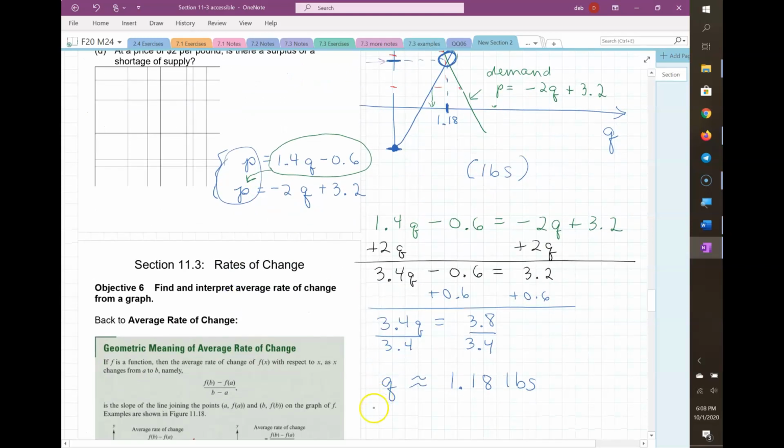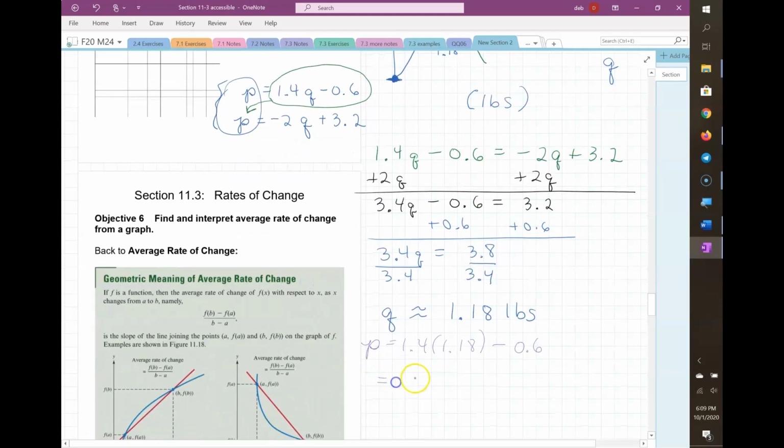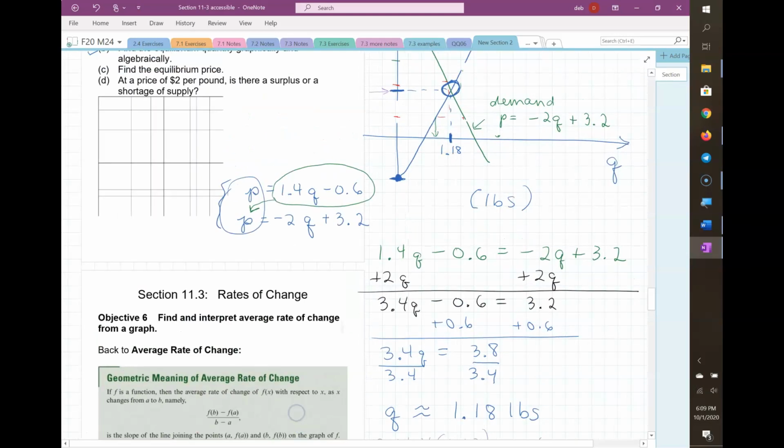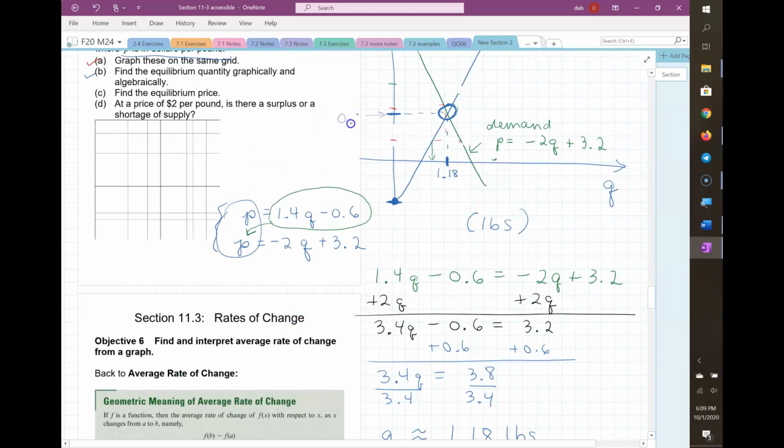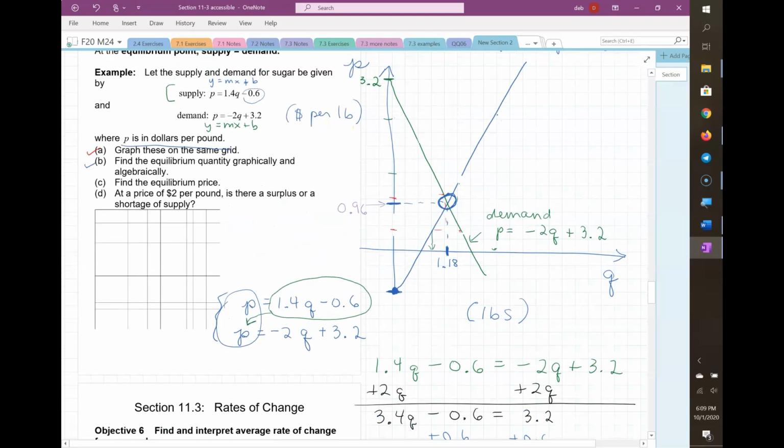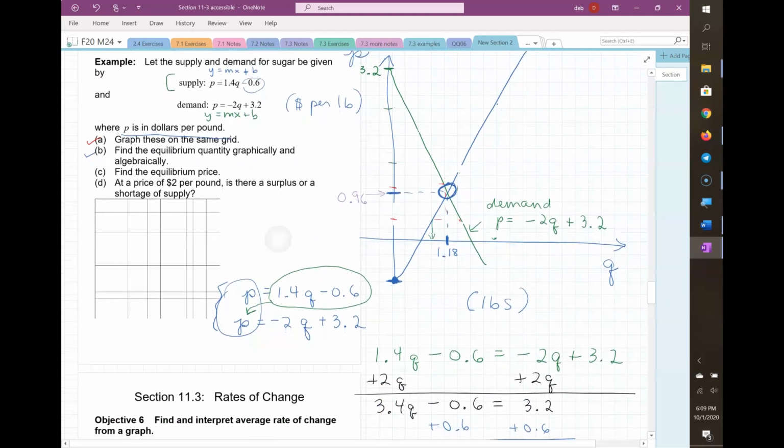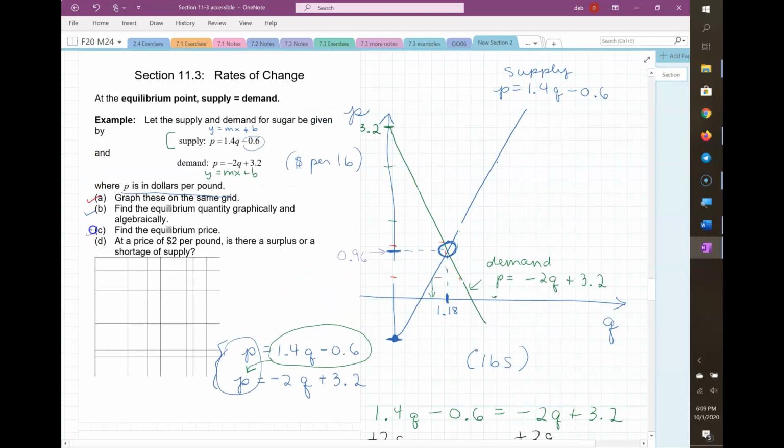So let's just use the first one and say P is going to be 1.4 times Q of 1.18 minus 0.6. And I'm getting 96 cents per pound for the equilibrium price. So on my graph, this would be $0.96 per pound. Okay, so that's the equilibrium price.